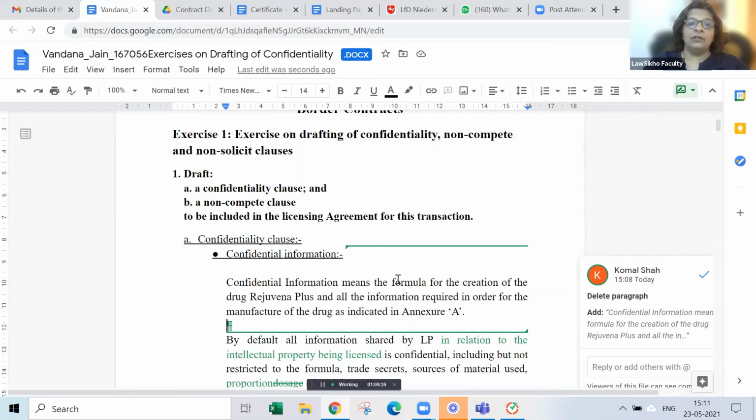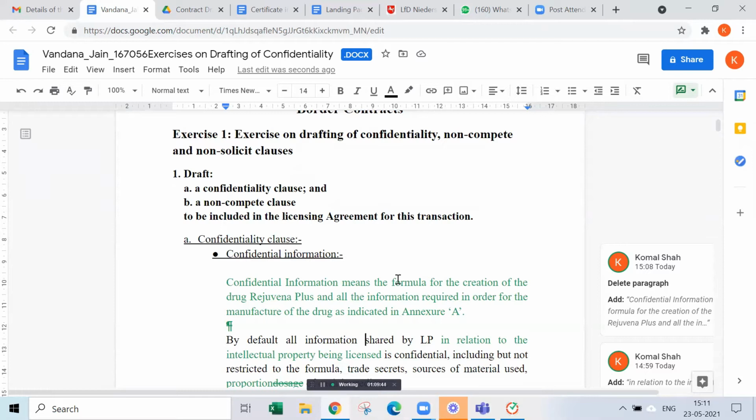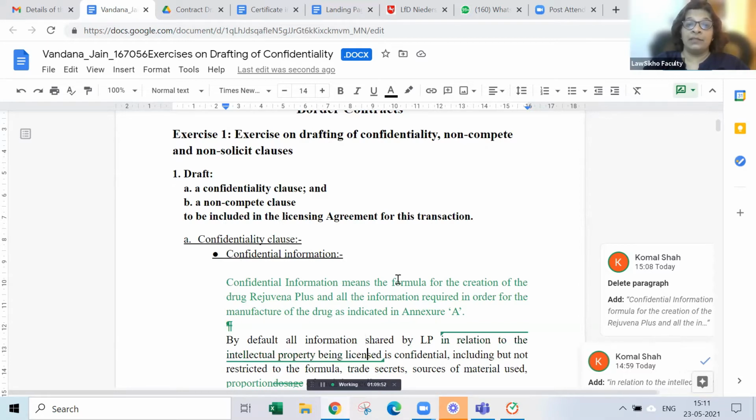That's what you will write. Why do you want to keep it unnecessarily broad? Anyway, here you are restricting that. So you are saying that this is a good way to put that by default, all information shared by LP in relation to the intellectual property being licensed is confidential. And understand that this is a licensing contract.